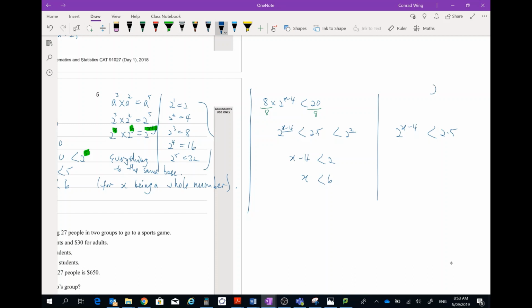Yes, 2 to the power of 1 is 2, and this is less than 2.5. So your 2 to the power of x minus 4 might be equal to that, or it's going to be less than 2 to the power of 1. Does that make sense? And in this case, we get x minus 4 is less than or equal to 1, so x is less than or equal to 5. But I prefer this because I know it's definitely less than 6.